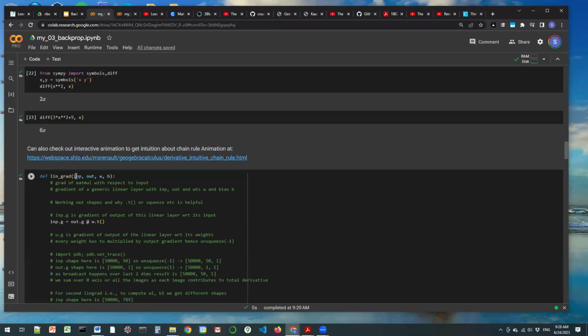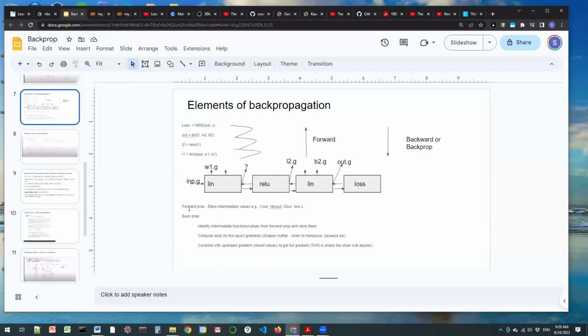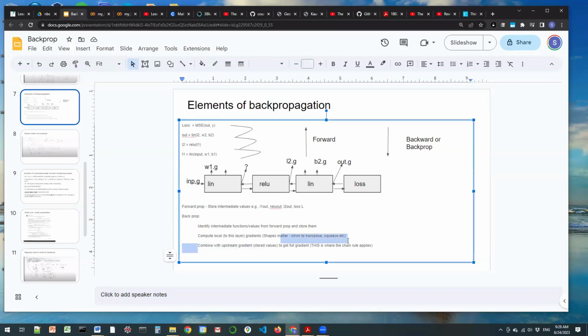Here, the INP, because he's building a generic function that he can reuse for the first layer. For the second layer, this input is L2. The out is itself called out. W is W2. B is B2. Now, what we are trying to do in this function is calculate essentially this backprop stuff, specifically this.